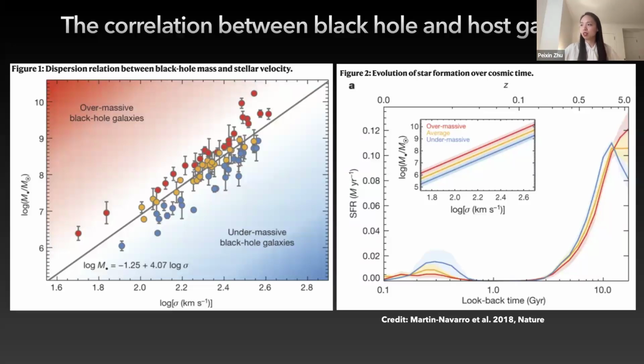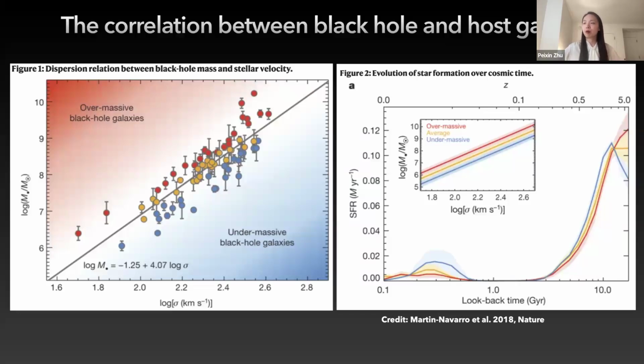There is a recent study, performed in 2018 and published in Nature. They divide all these observed galaxies into three populations based on their location in the figures on the left.